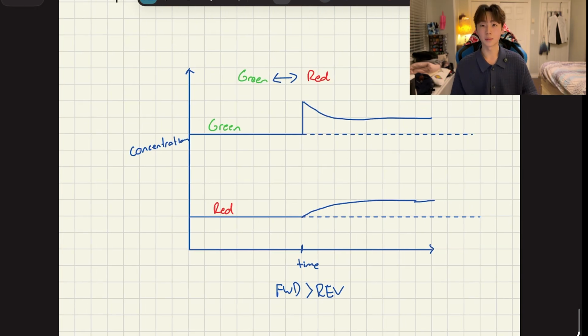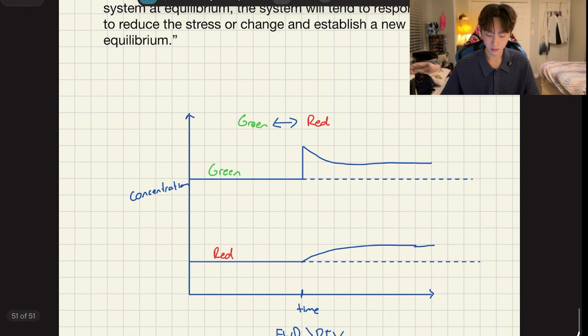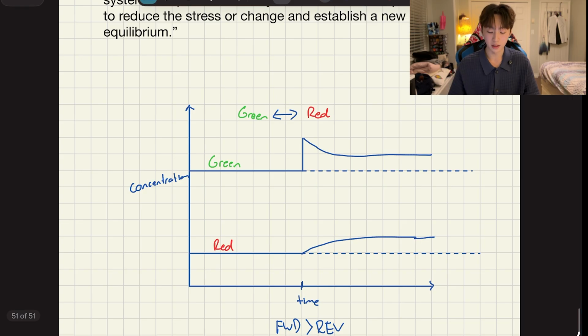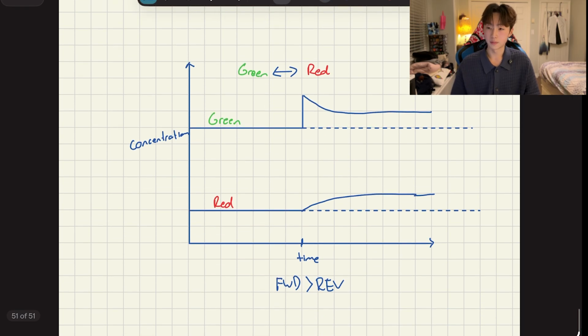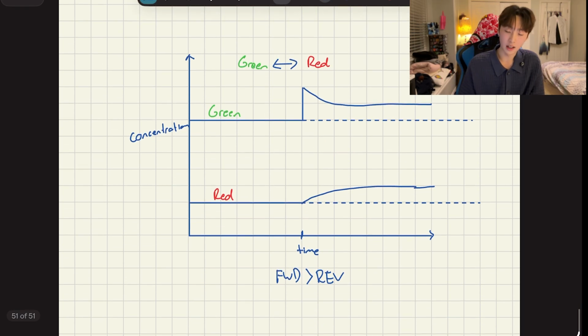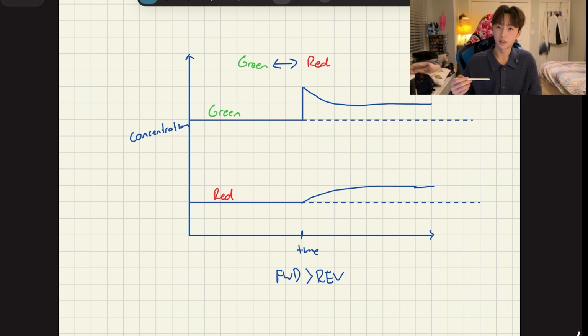And because you're making products faster than you're going backwards and making reactants, you're going to end up making more products as a result, which is why at the end you're making more red. And then as you make more red, the reverse rate, where the red becomes green, will also increase. And then eventually they'll balance out and establish a new equilibrium.